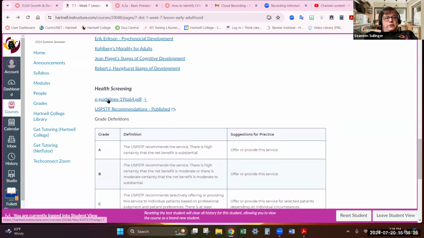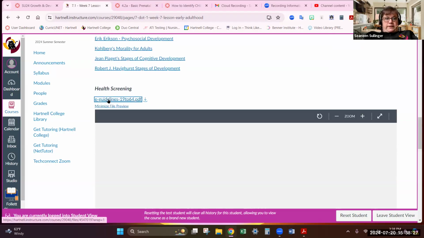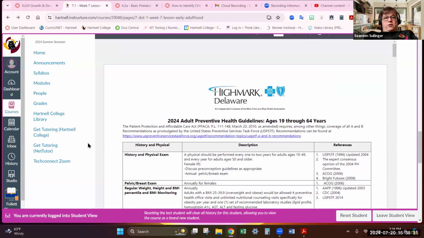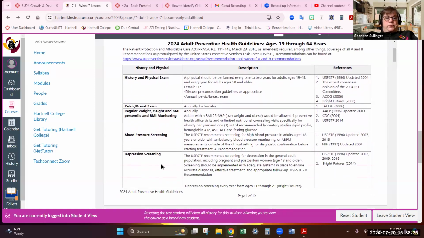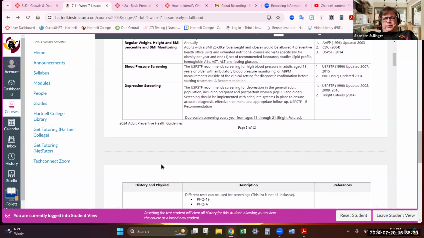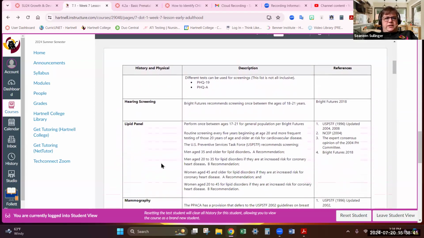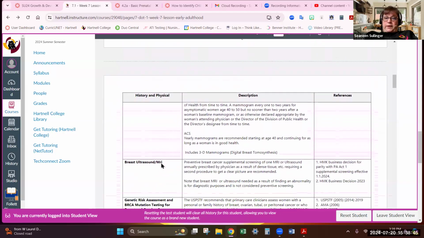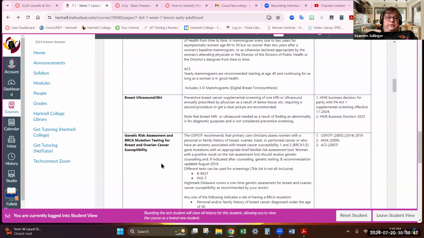We talked about, this is one of your journal entries. We talked about this in that overview video, where there are adult preventive health guidelines, screenings that can be done, history and physical. There's also the lab section. Blood pressure screenings, depression screenings, hearing, lipids, all the labs that get drawn, mammograms, pelvic, breasts, ultrasounds.